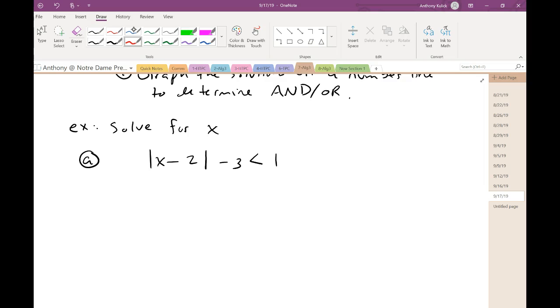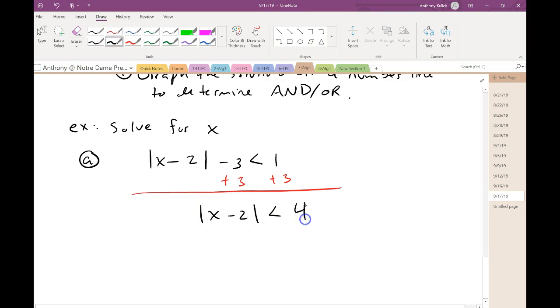If I'd like to isolate my absolute value, my first step should be to add 3 to both sides. That's correct. What now?